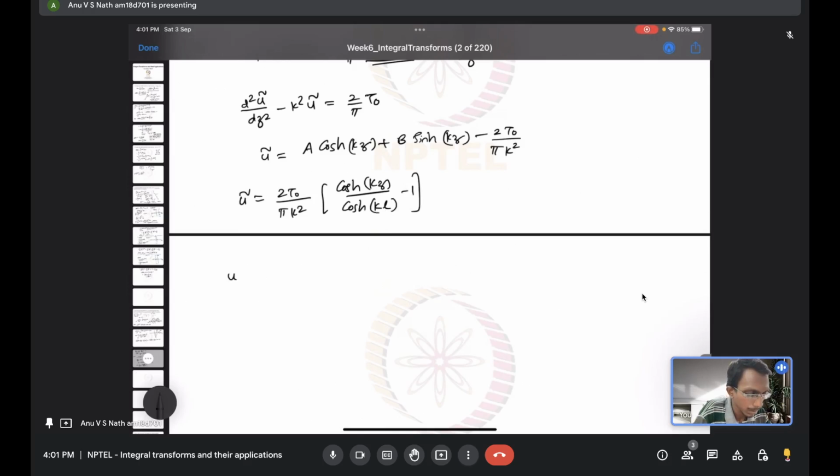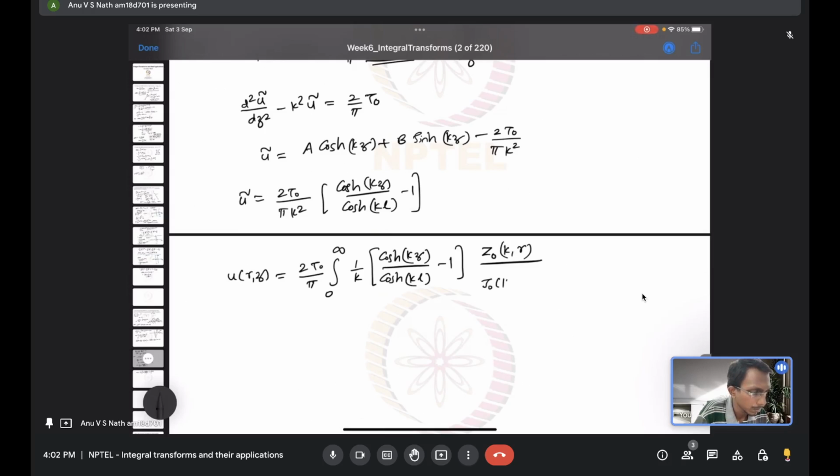So if you take the inverse, you will find u of r comma z is just 2T0 by pi integral 0 to infinity 1 by k, cosh kz by cosh kl minus 1, into the combination of J0 and Y0 terms of k comma r divided by J0 of k square plus Y0 of k square, multiplied with dk, for every r which is greater than 1. So this is how you will get the solution.